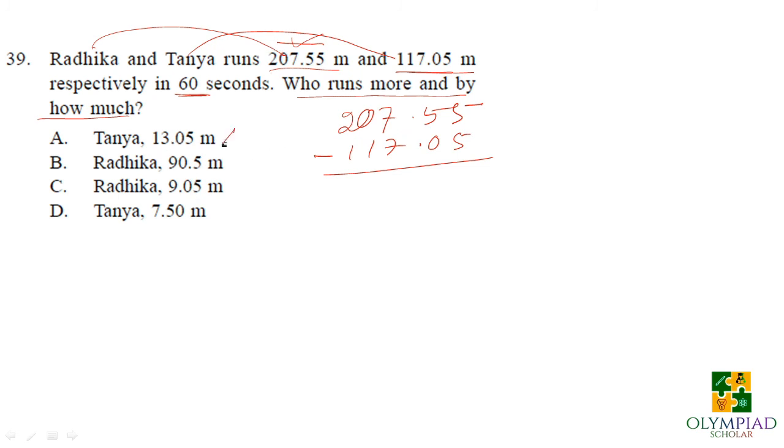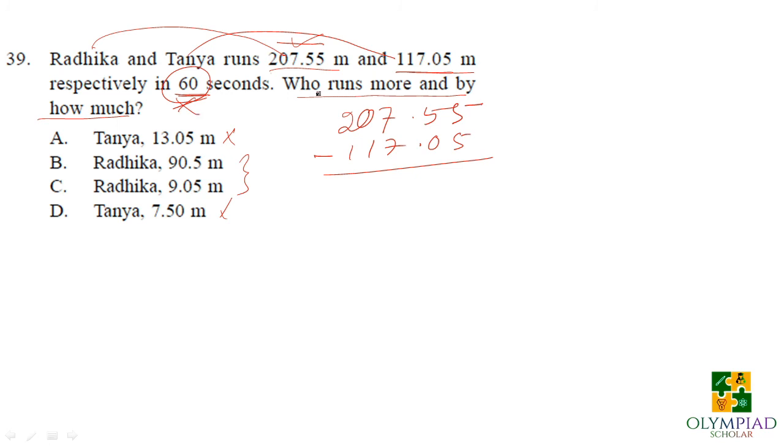So Tanya cannot be the answer. So either of these two is the answer. And it is asking by how much. See, this 60 seconds is given only to confuse you. So this will not be calculated in this problem. It is given to confuse you.